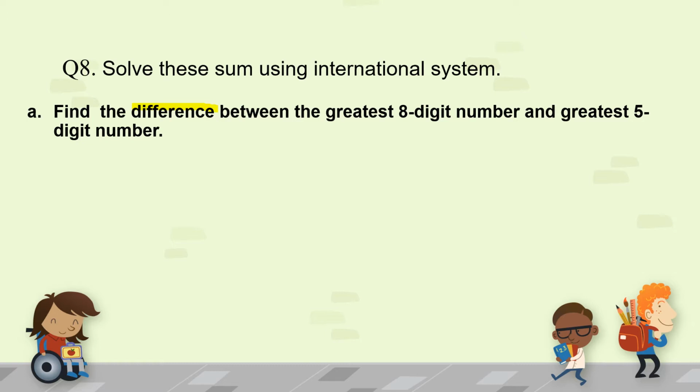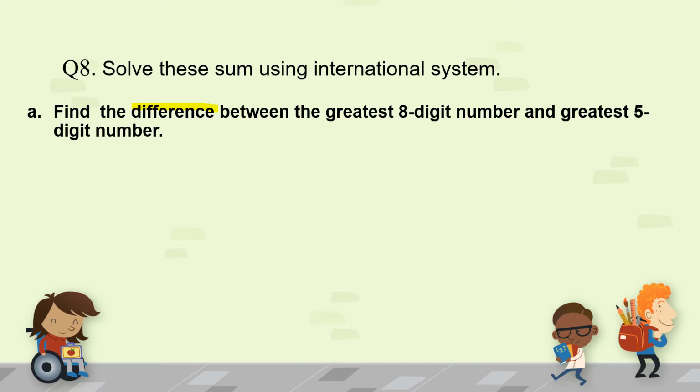You must know this, that difference means to subtract. Whenever we want to find the difference between two numbers, we can find it by using subtraction. So it means that from the greatest 8-digit number, we are going to subtract the greatest 5-digit number.